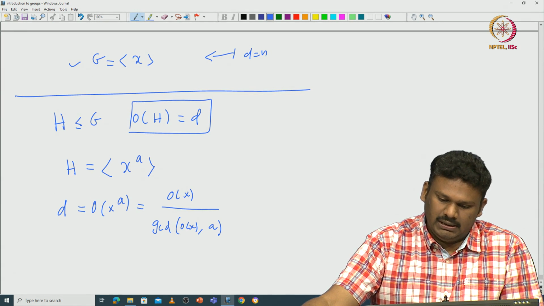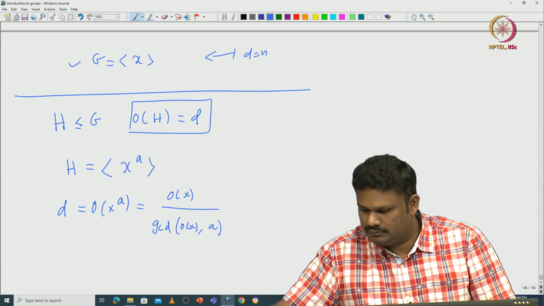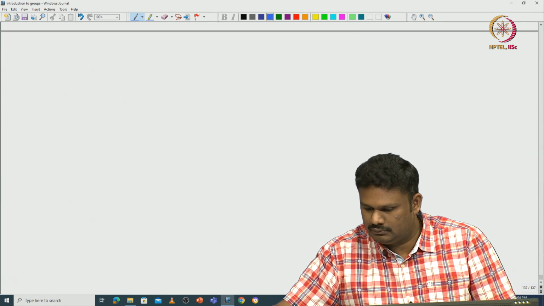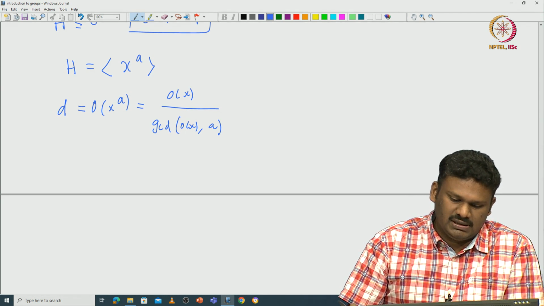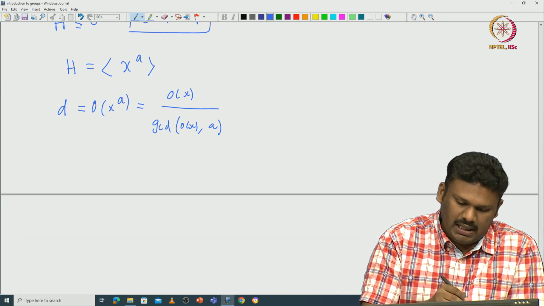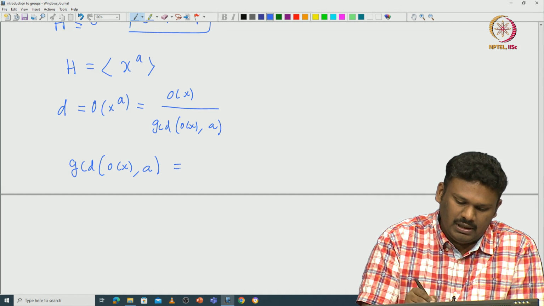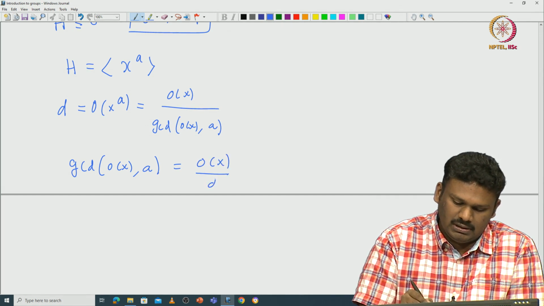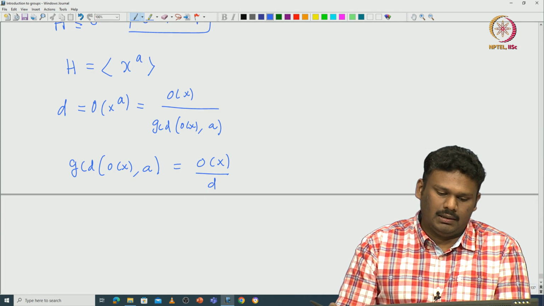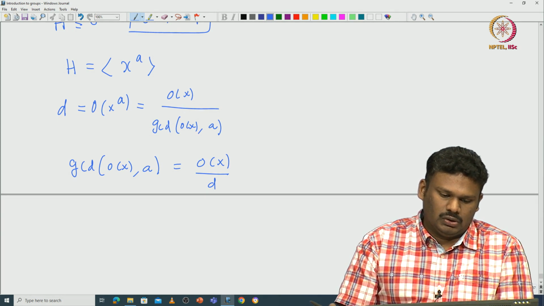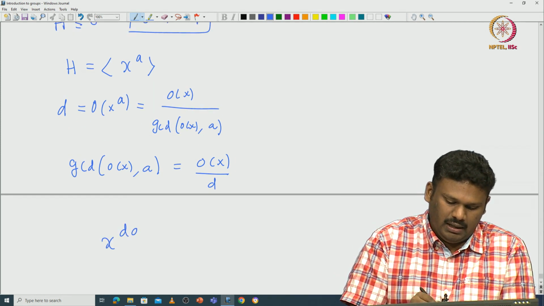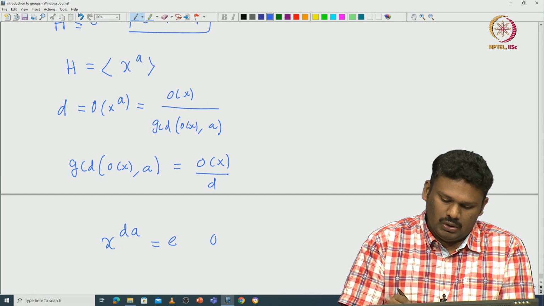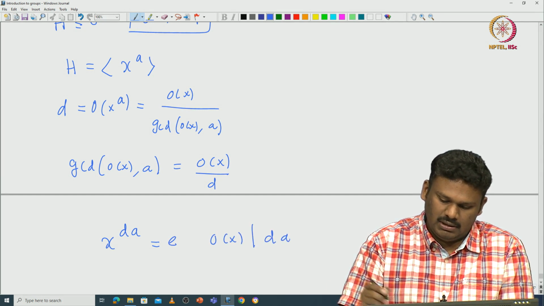So, now what can you say about this a? This GCD of order of x comma a will become equal to order of x divided by d. Okay. So, now you can see that this x power dA is identity. So, order of x divides dA.